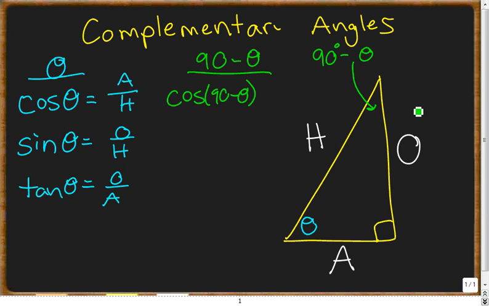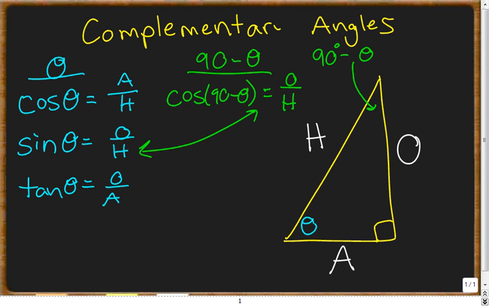So this would be the opposite over the hypotenuse. Well, notice that these two things are the same. The cosine of 90 minus theta is actually the same thing as the sine of theta. So the cosine and sine of complementary angles are identical. This is important. It's just like changing your reference view of a right triangle, or changing your reference on a rotation. You can end up with the same function.